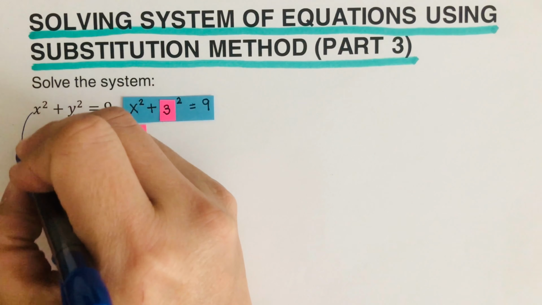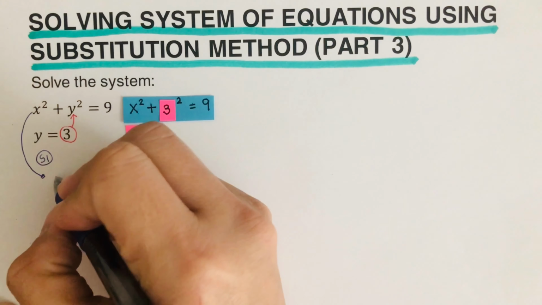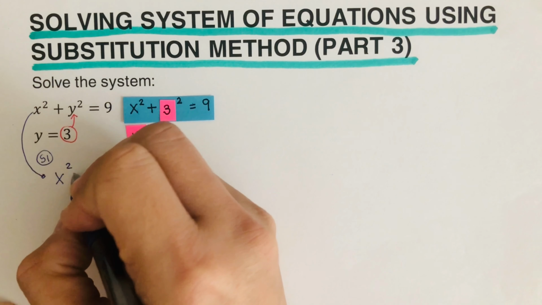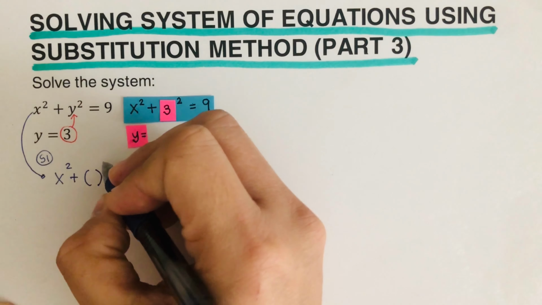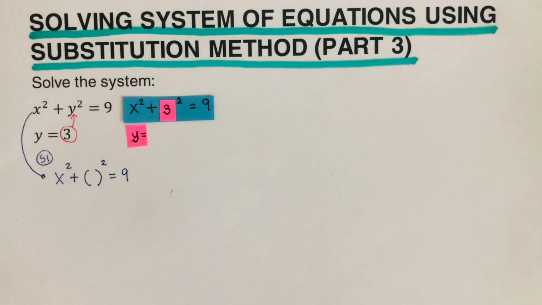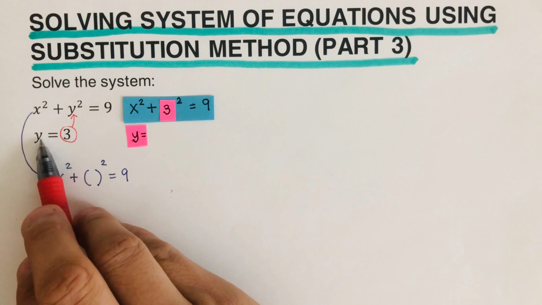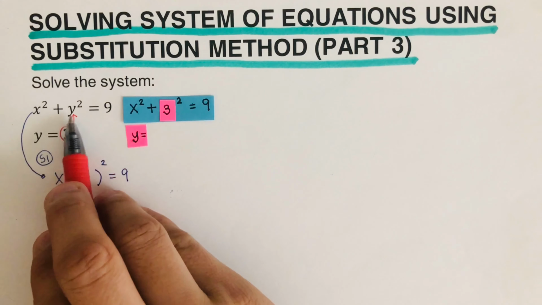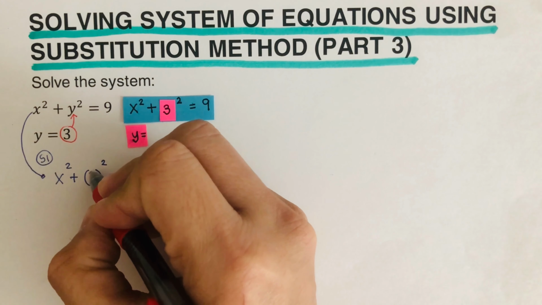Once we plug it in, the equation looks like x squared plus parentheses squared is equal to 9. Again, I took the 3 from the second equation and put it into the y of the first, so the 3 goes here.